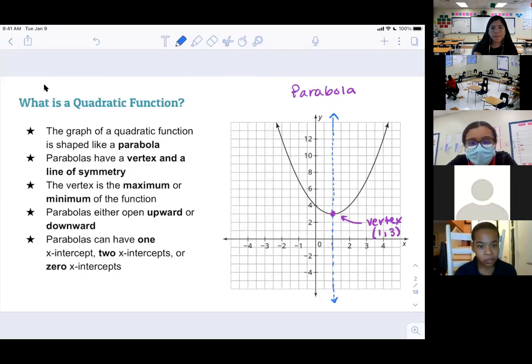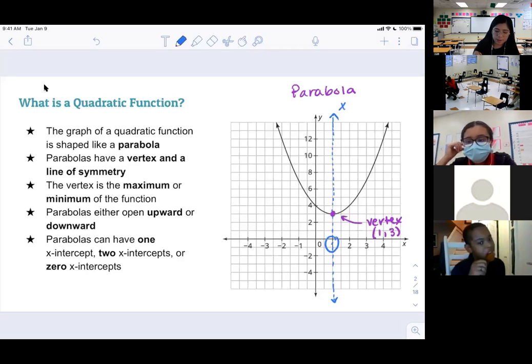It's okay if not. Where does the line pass through on the x-axis? 1. Yeah, 1. It passes through the 1. So the equation of this line is x equals 1.